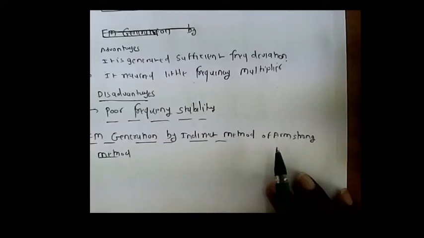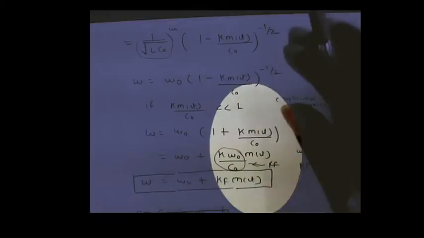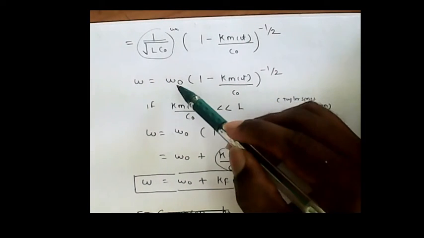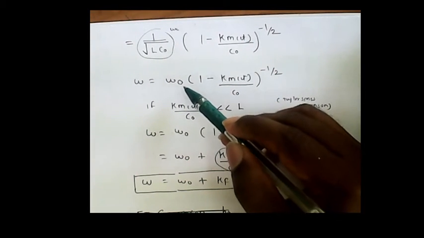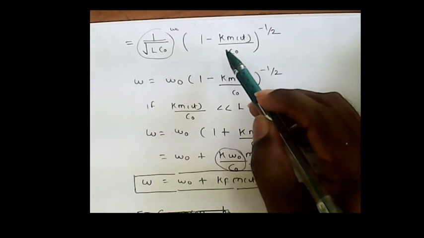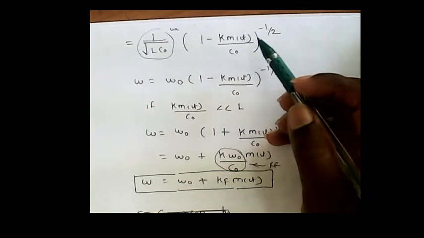Now we find the carrier frequency: 1 upon square root of L C0 is the output frequency, so we can write 1 plus K m(t) divided by C0, to the power minus 1 by 2.